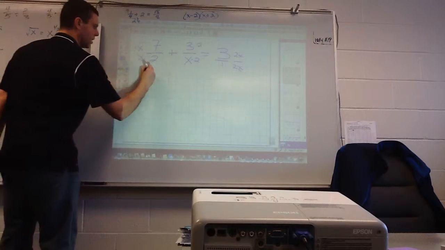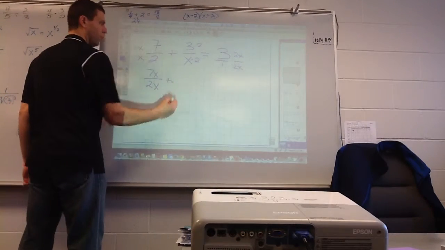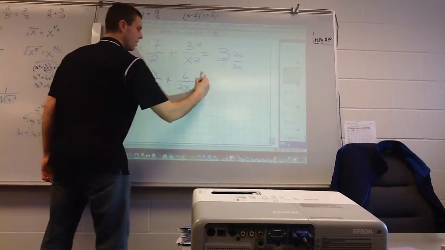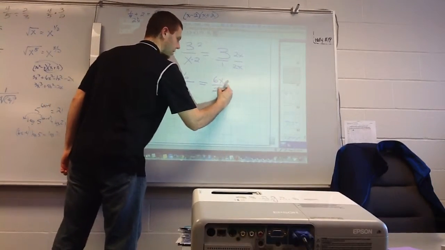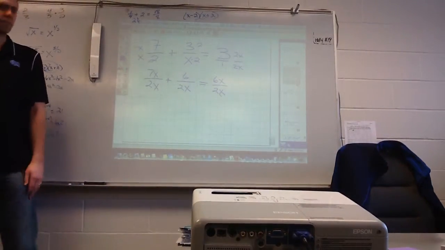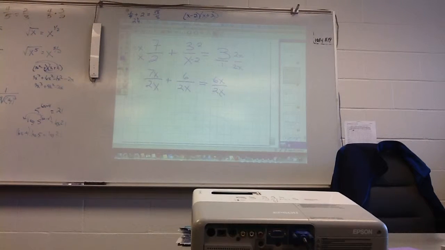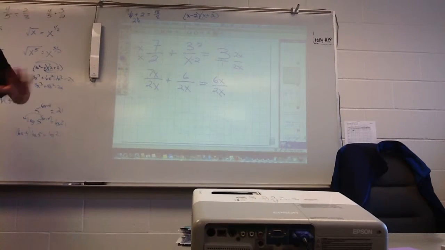So that gives me 7x over 2x plus 6 over 2x equals 6x over 2x. We made all the denominators become the same thing, and now we're just going to flat out ignore the denominators because we don't need them.